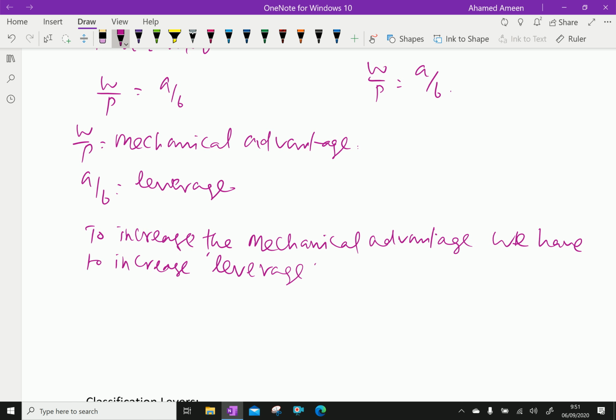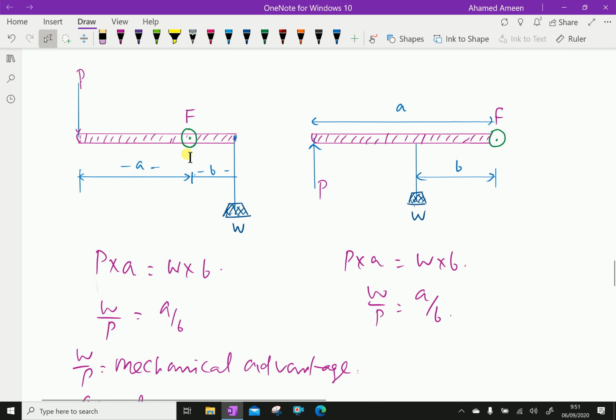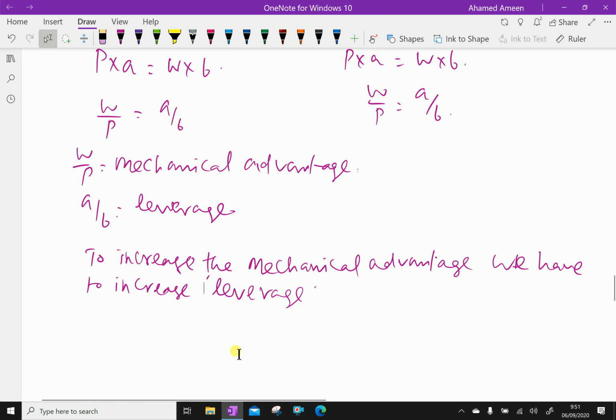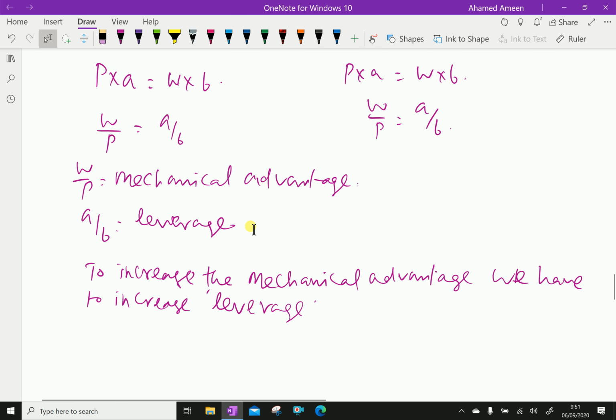To increase the leverage, you have to increase the effort distance from the fulcrum relative to the load distance from the fulcrum. Vice versa, if you want to decrease the mechanical advantage, you have to decrease the leverage.